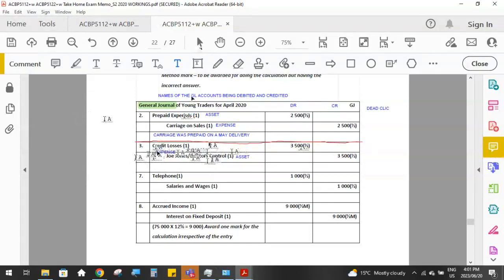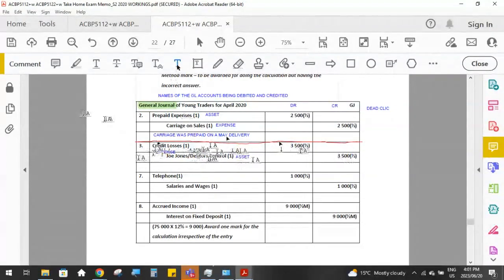Okay, credit losses is an expense account, and debtors control is an asset account. So we have increased our expenses by 3,500, which makes sense because I had to write off a debt. That means that the business has incurred an expense of a bad debt.